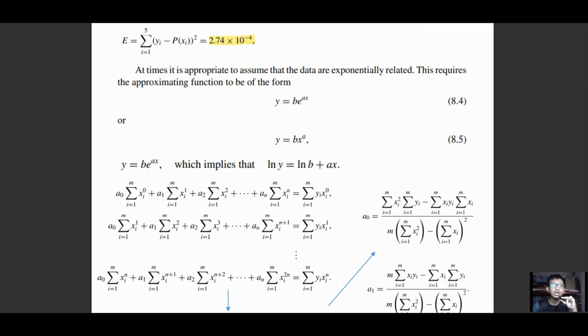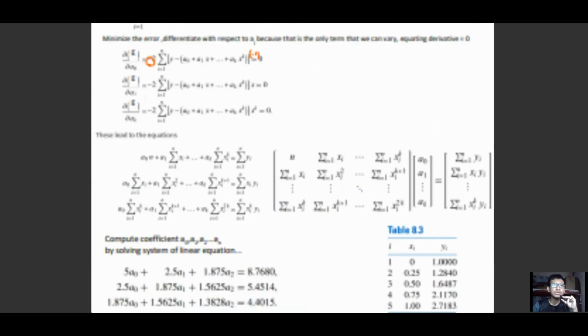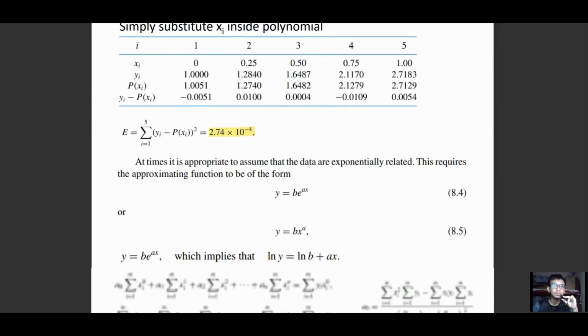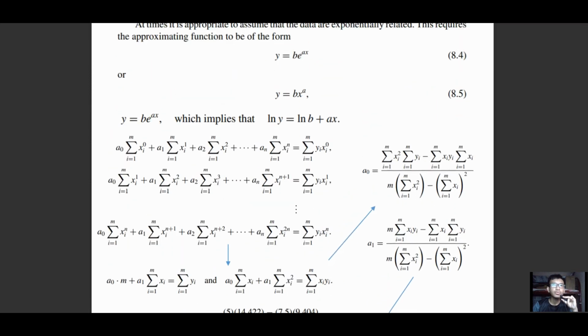If we use the first method that we have used before, we will have a non-linear system of equations, which is very, very complicated. So we manipulate this. This is our proposed function that we want to fit. So we manipulate it algebraically, resulting in this expression, in this equation like here.